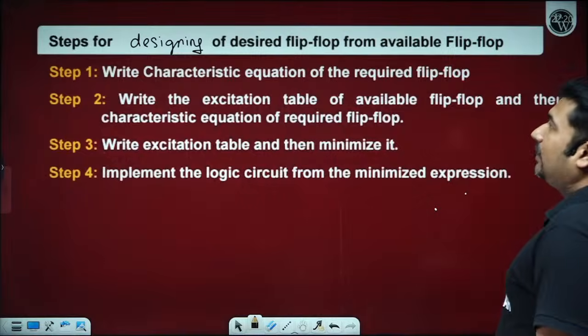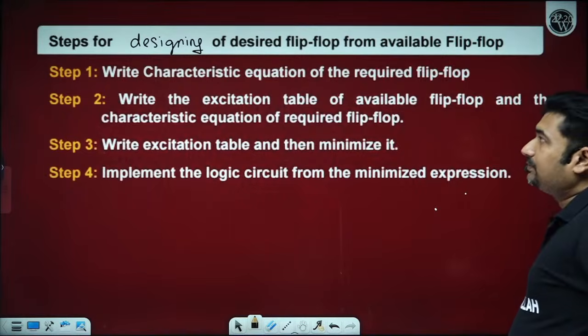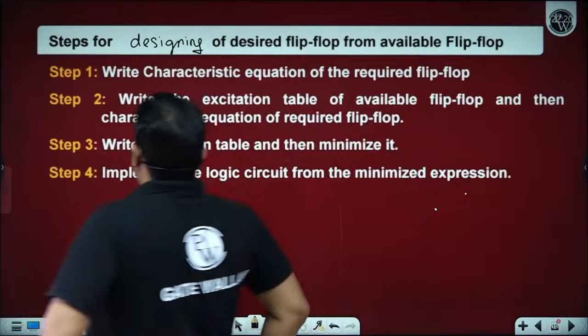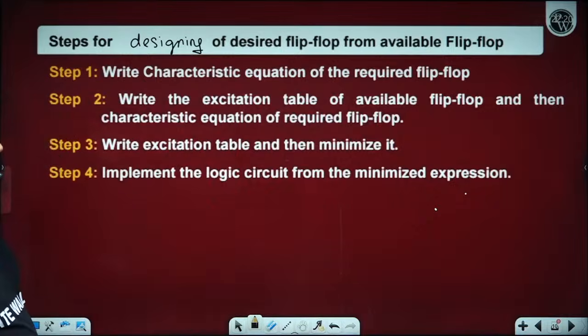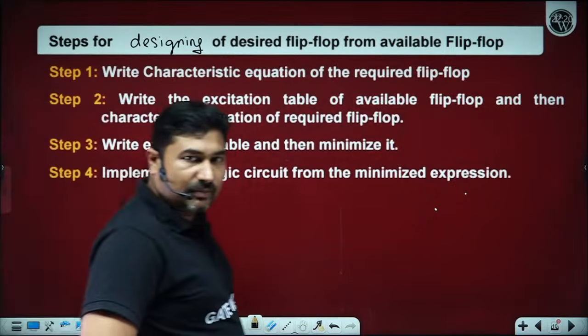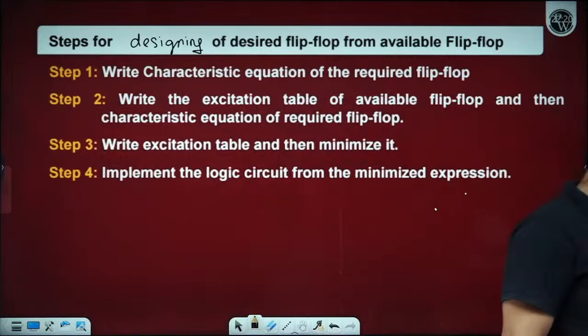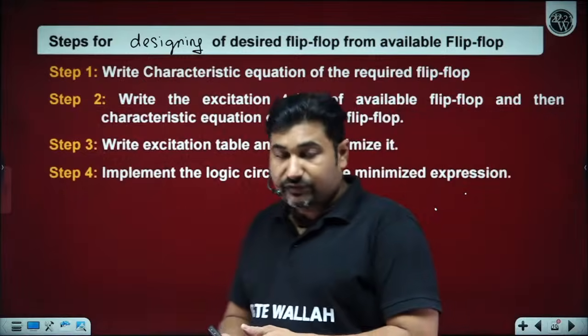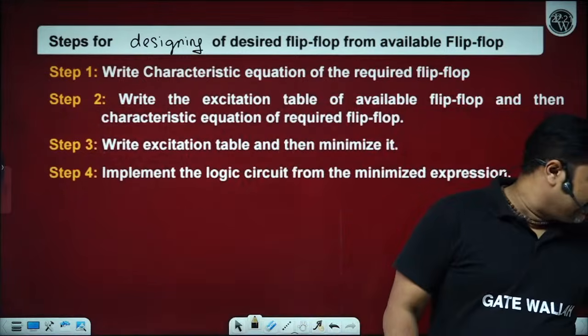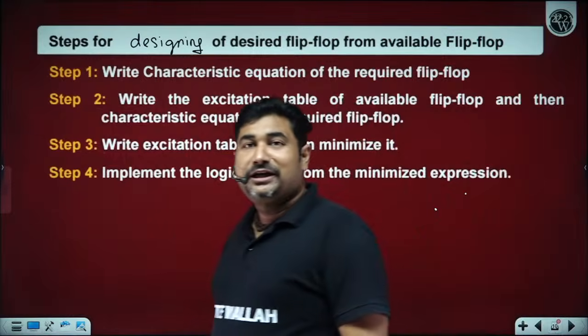Steps for designing of desired flip-flop from the available flip-flop. Please write down steps for designing of desired flip-flop from available flip-flop. Are you ready, beta ji, to invent any new flip-flop?